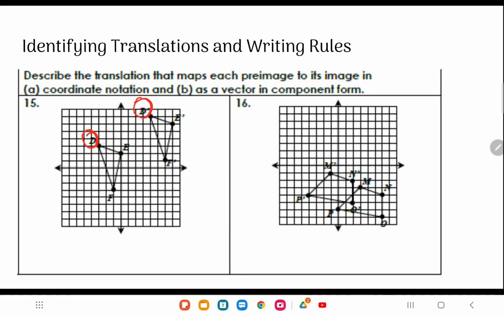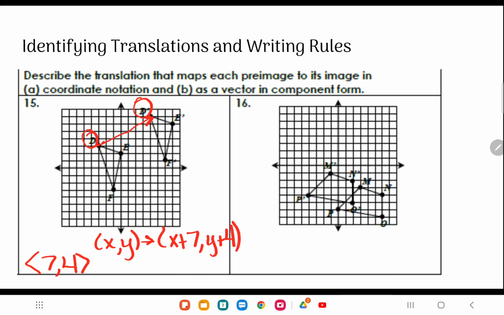To get there, I'm going to go over 1, 2, 3, 4, 5, 6, 7 units to the right and 4 units up. There's my vector. So my vector is going to be ⟨7, 4⟩. And in coordinate notation, that's going to be (x, y) to (x + 7, y + 4).